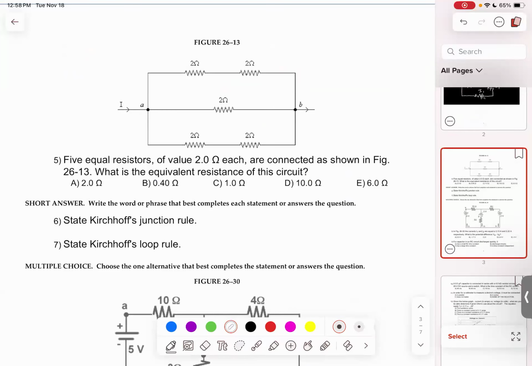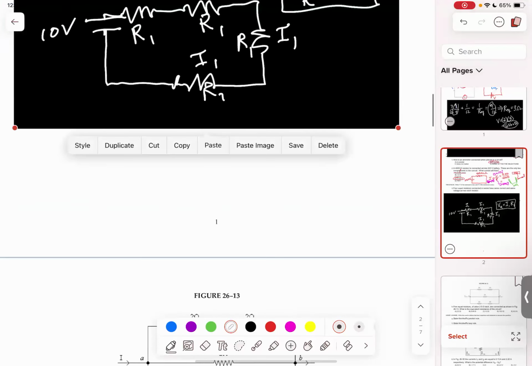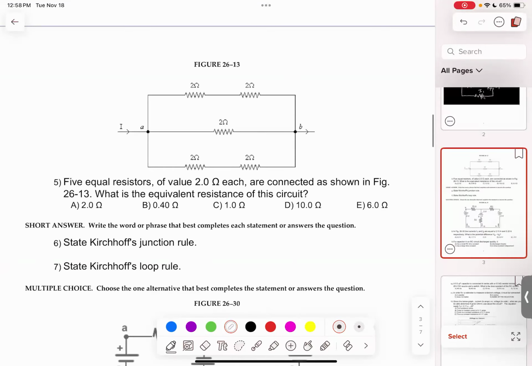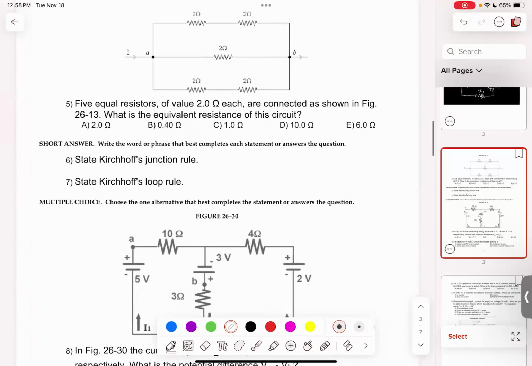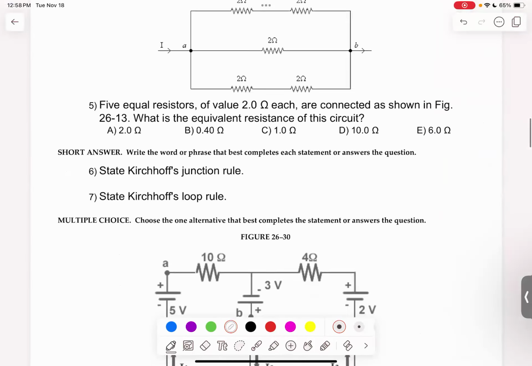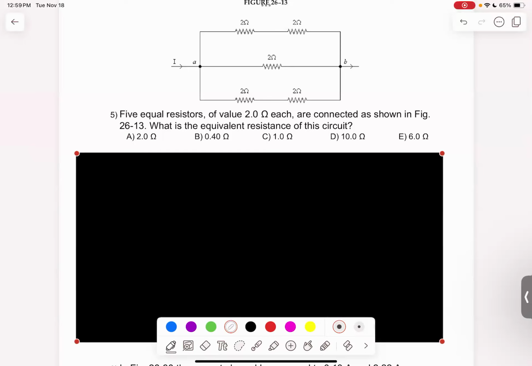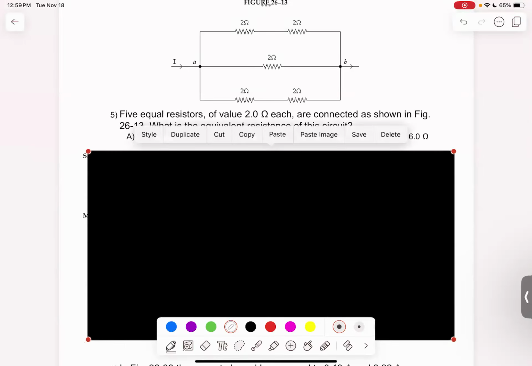Number 5. Kind of similar, but this time we have resistors in parallel and resistors in series. So we're going to need to condense this quite a bit. Let me paste up this little block here so we can work off of it.